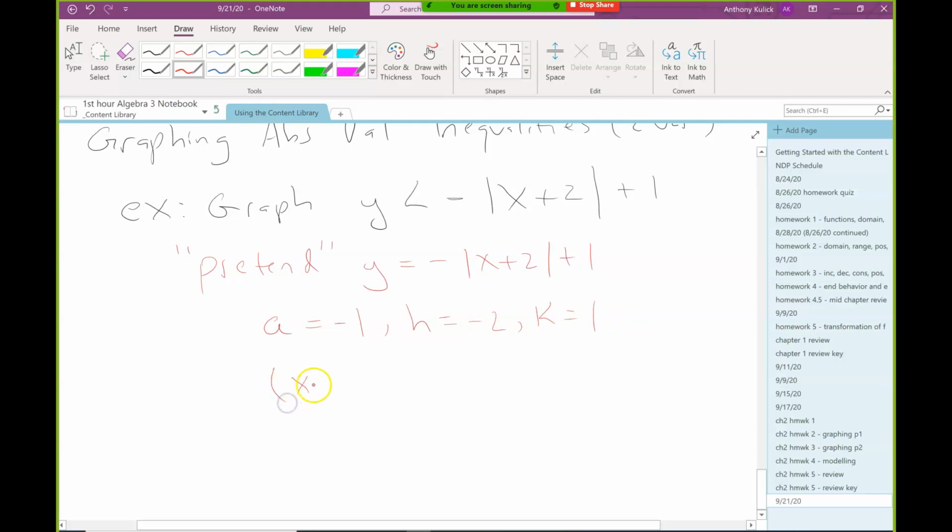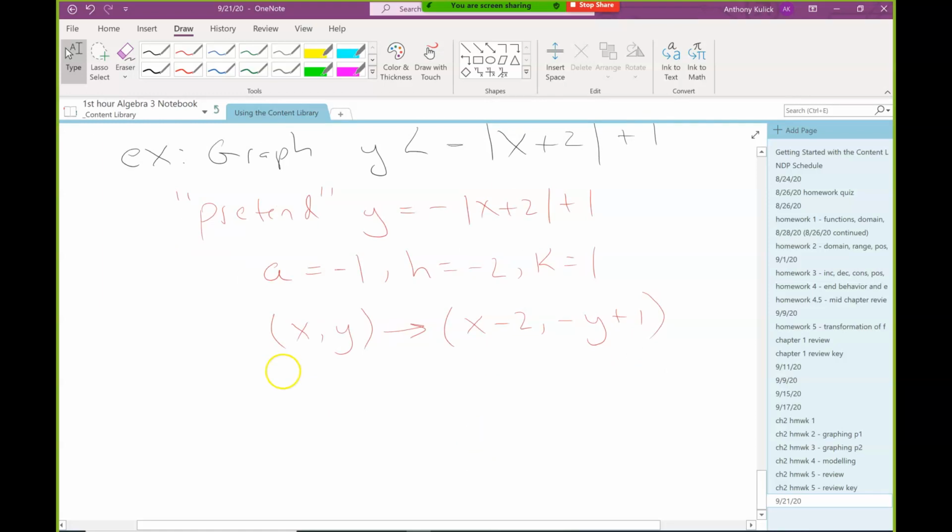And then I'll set up my transformation map. And fill in or perform that transformation on my 3 key points. Again, those points are the same for all absolute value functions.